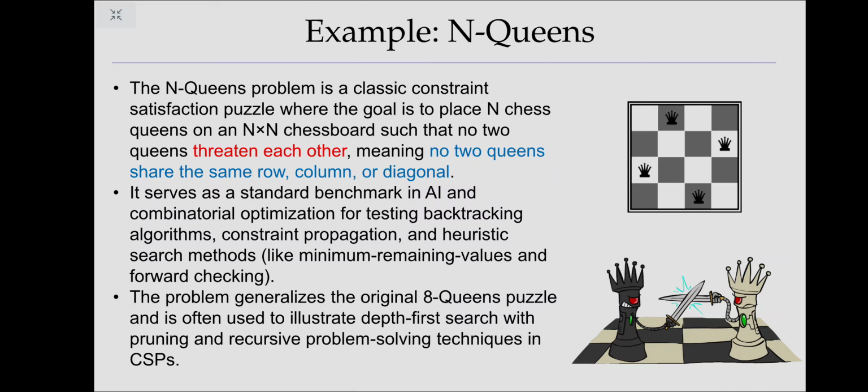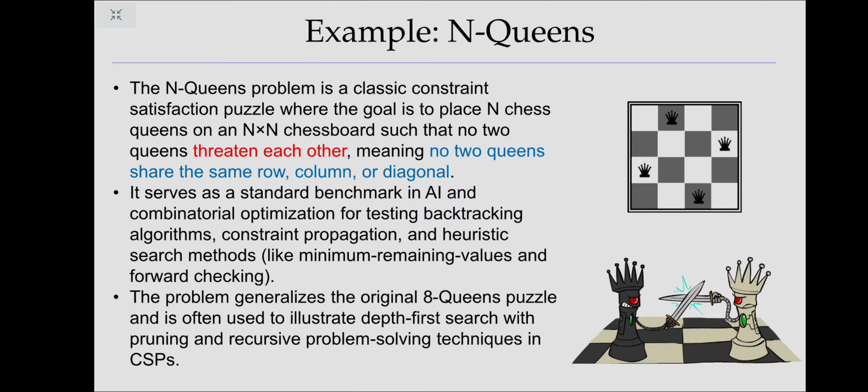For example, they are not located in a shared row. They are not located in a shared column. They are not shared in a diagonal. Because of that, the goal test contains 3 loops. In the first loop, check the number of queens in the row.